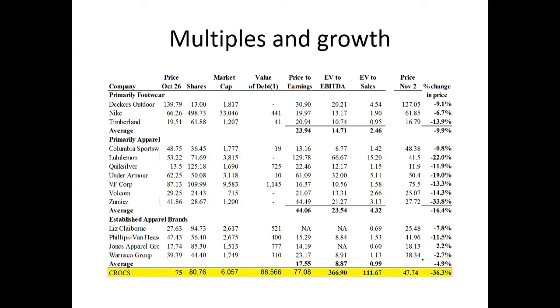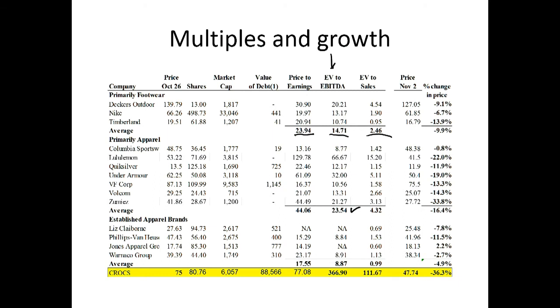Let's look at the exhibit in the case, which is multiples and growth. What we see here is primarily footwear, and the multiples for primarily footwear, let's use enterprise value to EBITDA, are about 15. Going down here, primarily apparel averages about 23.